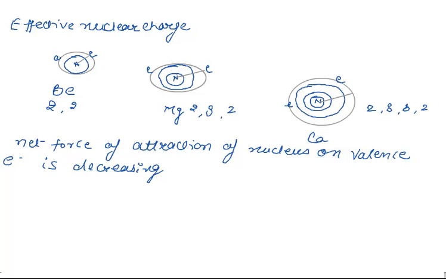So you can find that here also in the inner shells there are electrons. Here there is only 2. In this case there are 8 electrons inside and there are 2 in the innermost. Here there are 2 layers of 8 electrons. This is also 8.